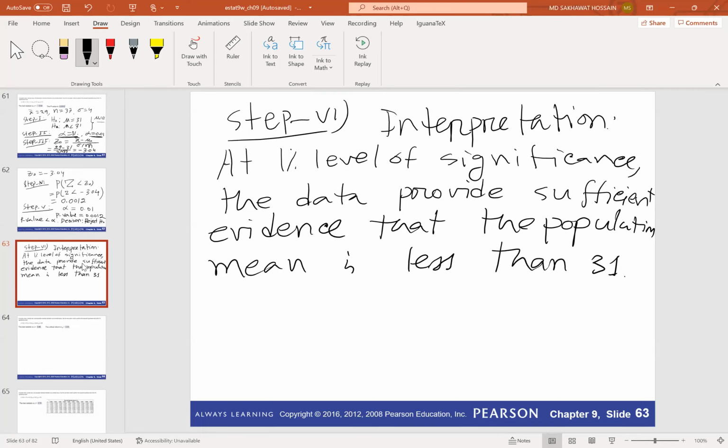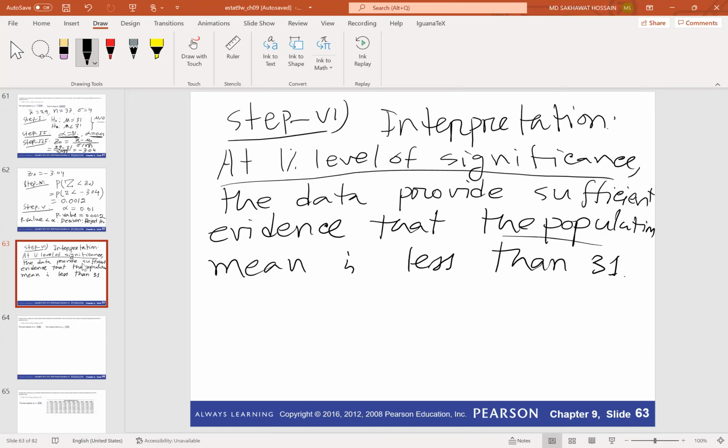Okay, so when you reject null, you always write the interpretation like this. First, you need to report the level of significance, at 1% level of significance. Then if you reject, you will say the data provides sufficient evidence. But if you fail to reject, then you will say that the data doesn't provide sufficient evidence.